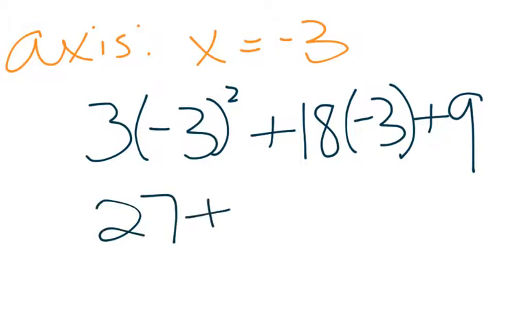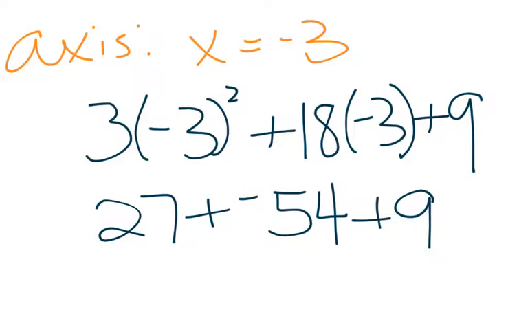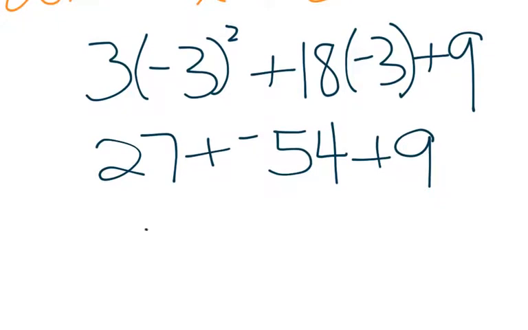Okay, 18 times negative 3, anytime you have one positive and one negative, it's going to be a negative number. So it's going to be negative 54 and then we're going to add 9. So what we have is negative 18.